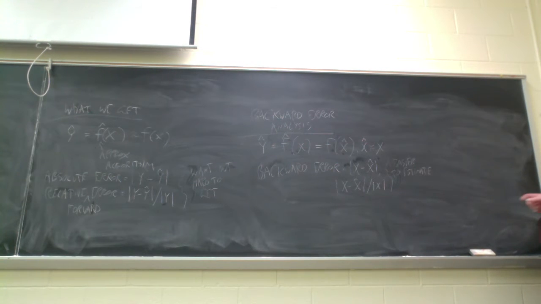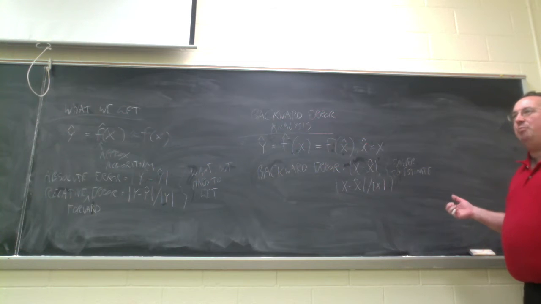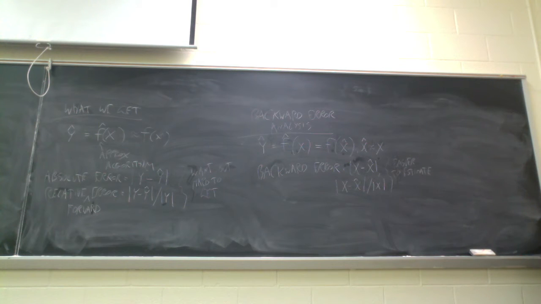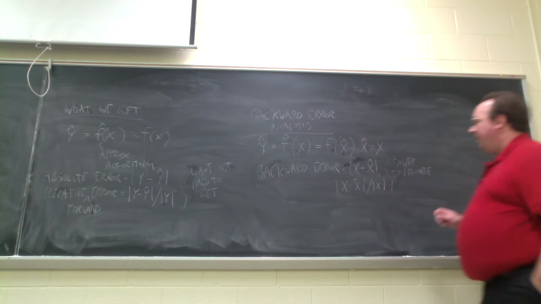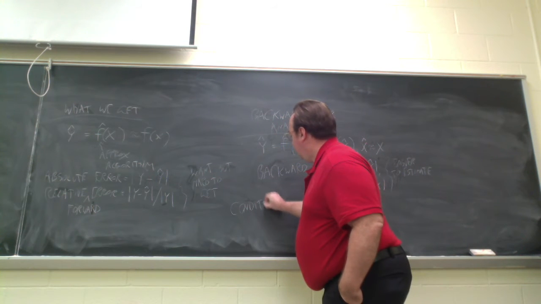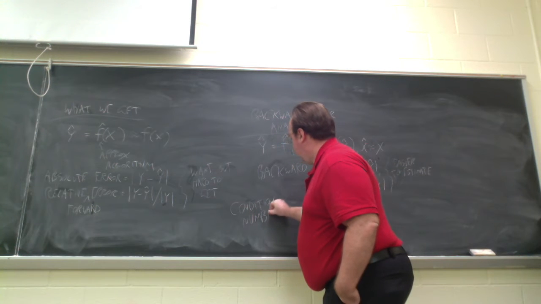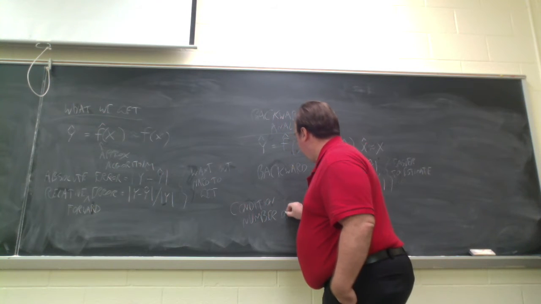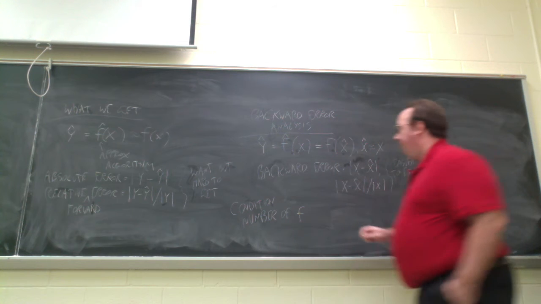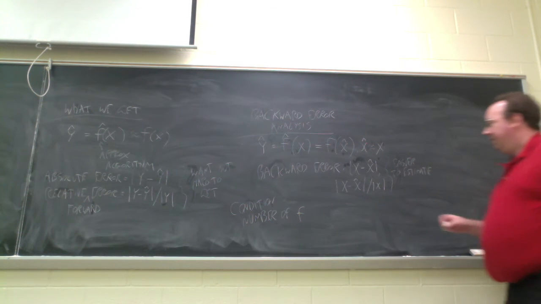Suppose we can get an estimate of at least how big the backward error can possibly be. How does that help us get the forward error? Because that still has to be our end result. The way we do that is to use what's called the condition number of our true algorithm f.